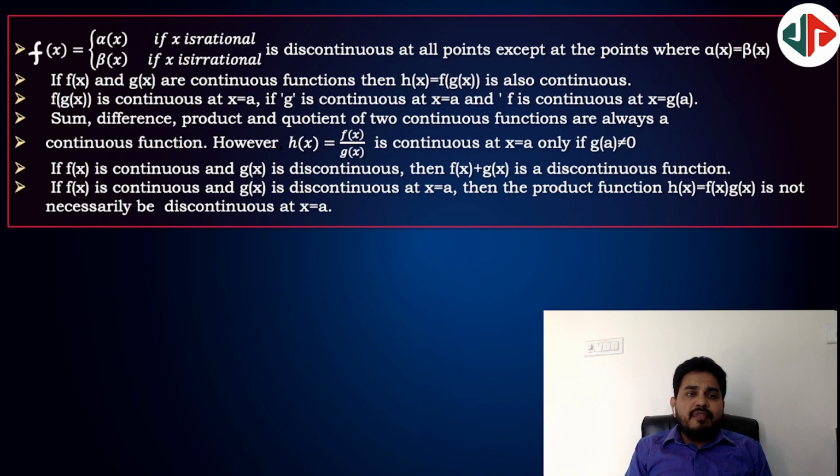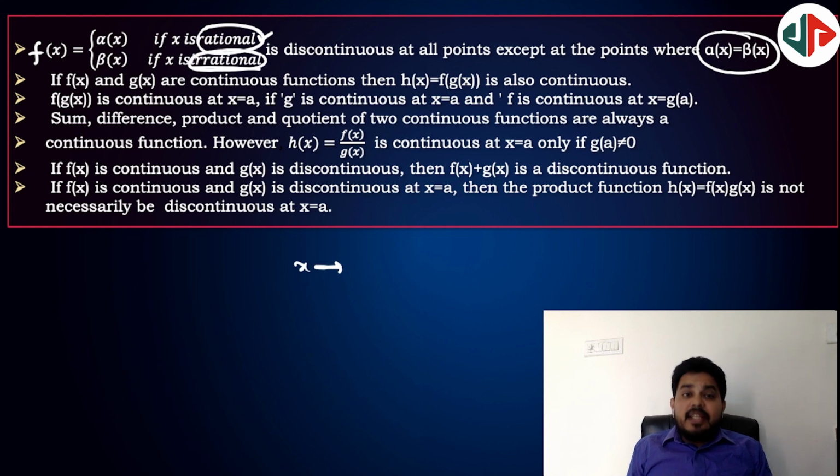So f of x is equal to alpha of x if x is rational, beta of x if x is irrational, is discontinuous at all points except where alpha of x is equal to beta of x. Because as x is tending to any value, between every two rational values there are infinitely many irrational values.